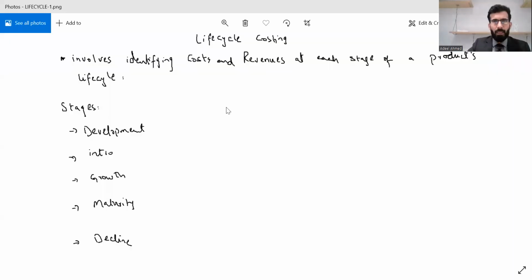So let's have a quick look at what we have. Life cycle costing, as I said, involves identifying the costs and revenues at each stage of a product's life cycle. This includes the development stage, where research and design are going on, and then the product is launched and goes into production. If our product is successful, it will see increased revenues and increased demand, which is categorized as the growth phase.